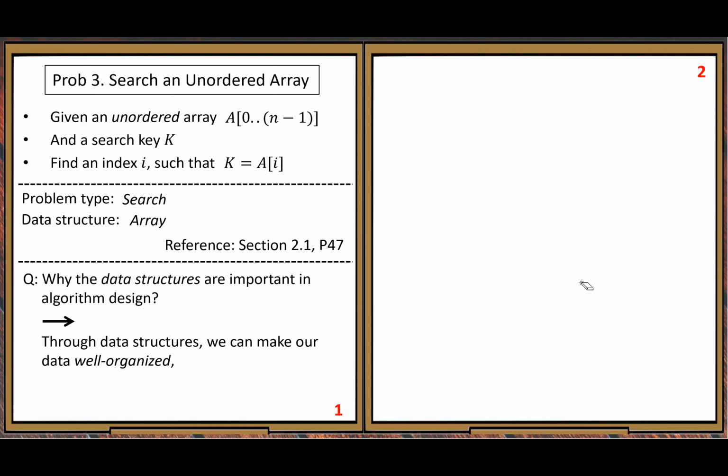Here, I like to point out an important usage of data structures: make our data well organized. That's the important way we use data structures. Organize our data with some special properties. We can choose to organize the data or not organize the data.